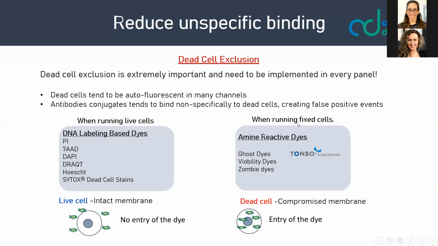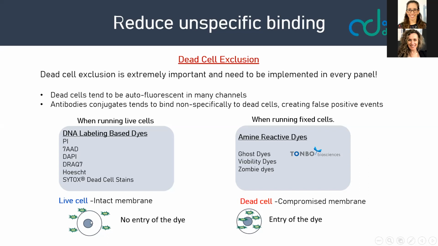And when running fixed cells, there is a group of dyes that are amine reactive dyes. For example, ghost dyes, viability dyes, zombie dyes, they all bind the amine groups of the protein. So in case of dead cells, the dye managed to enter the cells and also stain all the proteins inside the cell and nucleus.